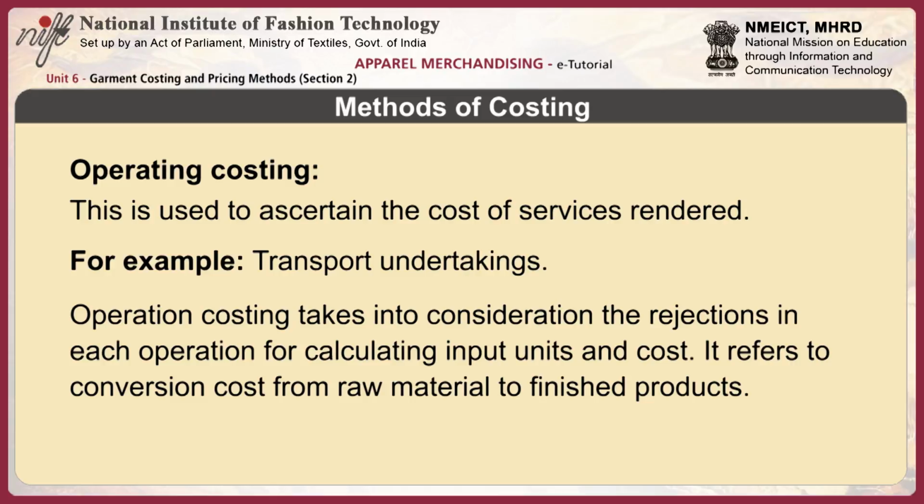Operation costing takes into consideration the rejections in each operation for calculating input to units and cost. It refers to conversion cost from raw materials to finished products. Similarly, conversion of raw materials to finished products can also be an example of operating cost.